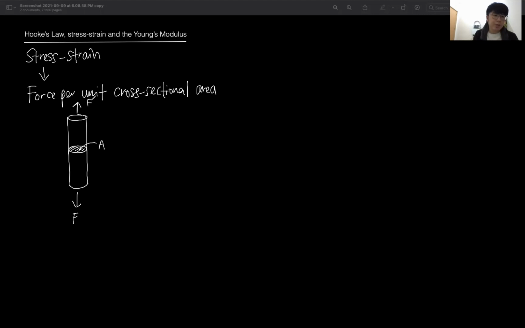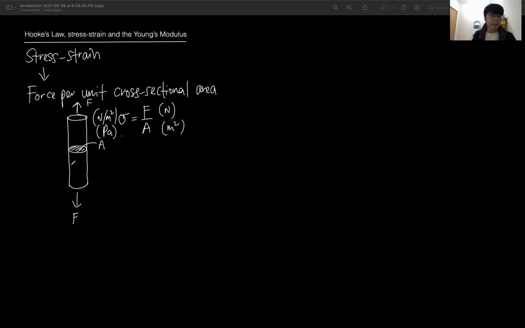So the unit is the same as pressure, Pascal. The symbol of stress is sigma. Sigma equals force divided by area. Force is in Newton, area in meter squared, so this is Newton per meter squared, or Pascal. So stress equals force per unit cross-sectional area acting on the material.